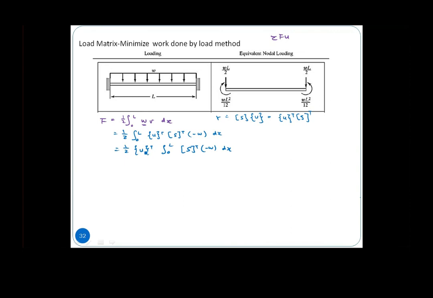So here, if I want to find the F with del U K, this thing will be gone, and we end up with minimize work done by load, which becomes S transpose negative W dx. If we can find this, then that gives us our F.